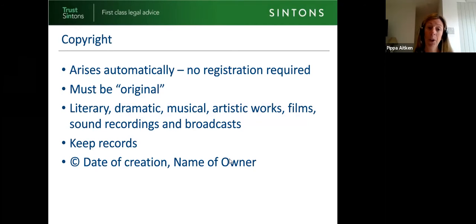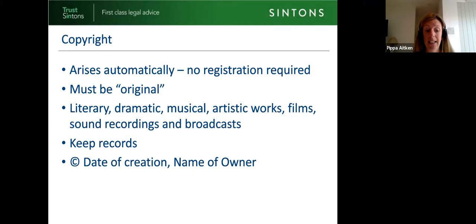There's no requirement in this country, like there is in the US, to register copyright with any library or registry. If the work satisfies the requirements as to originality, then it will automatically gain copyright protection as soon as it is recorded, either on paper or in electronic form.